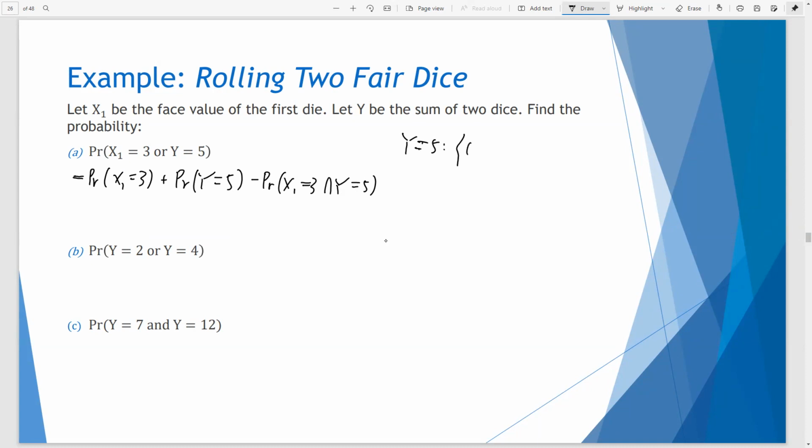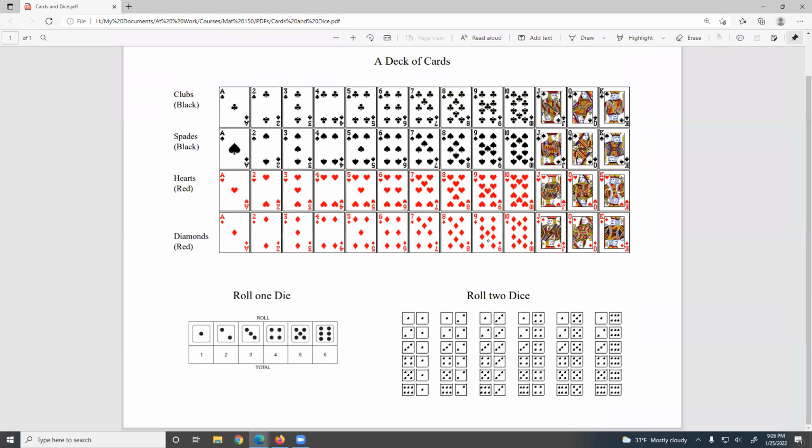For the sum to be 5, the dice are 1,4, or 2,3, or 3,2, or 4,1, from rolling two dice. 1,4 gives us the sum to be 5. 2,3 is also sum 5. 3,2 is a sum of 5. 4,1 is a sum of 5. We saw that in our last section dealing with probability distributions.